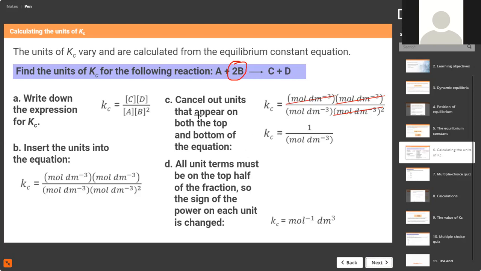So we cancel out units that appear on both the top and the bottom, and then the important bit that people miss out is that all unit terms must be on the top half of our fraction. Because of that, we need to reverse it, so the sign of the power on each unit is changed: what was positive becomes negative, and what was negative becomes positive.